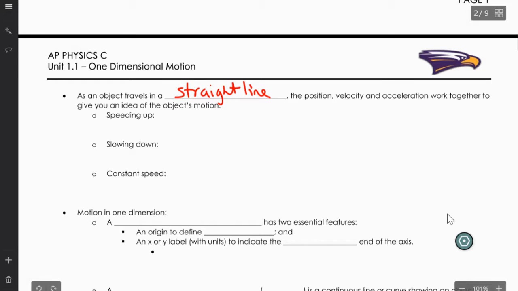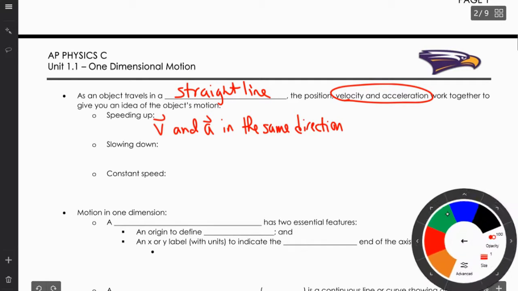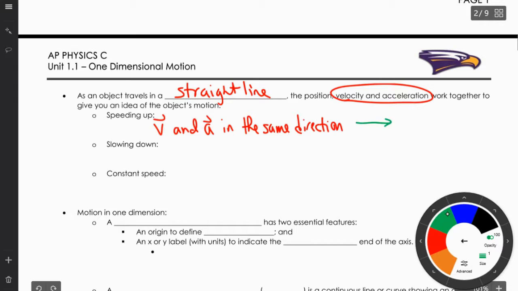More along the lines of these two, v and a: if the vectors v and a are in the same direction, the object is going to speed up. Note that there are two situations where that can happen. My velocity vector could be pointing in this direction, and my acceleration vector could be pointing in this direction. That means the object is speeding up.